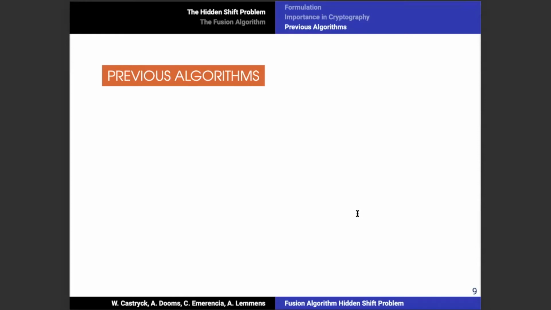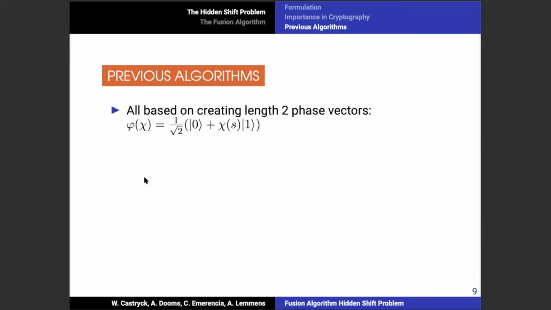Our contribution to the solution of this hidden shift problem is a continuation of ideas by Kuperberg, Peikert, Friedl, and also Childs, Jao, and Soukharev. All their ideas are based on the fact that we can use this standard method to generate these kinds of states depending on a character of the group.